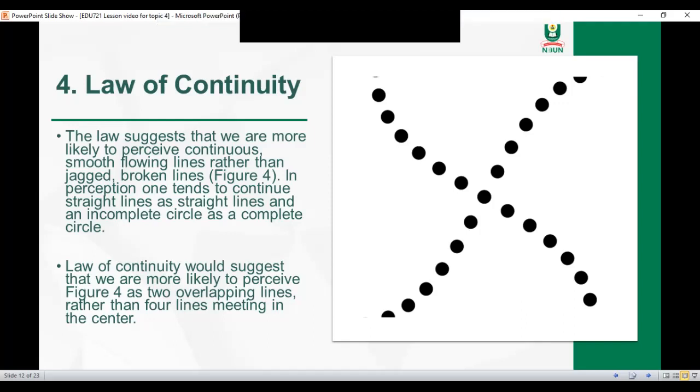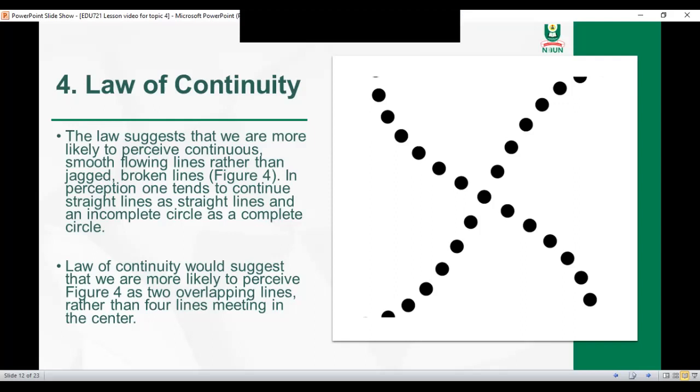But what comes to your mind immediately, because in perception, you tend to continue straight lines as straight lines, is that it is a straight line. You can see the two overlapping lines rather than four lines meeting in the center. That's the law of continuity.